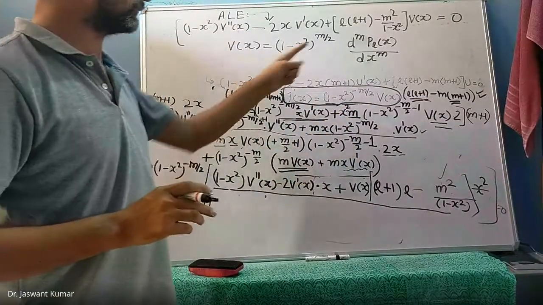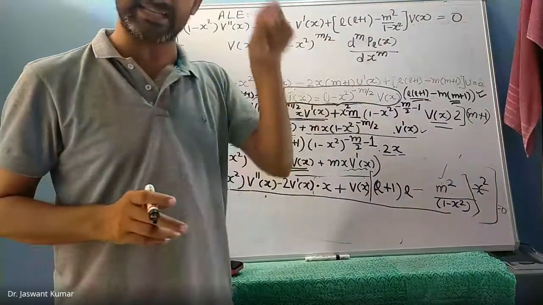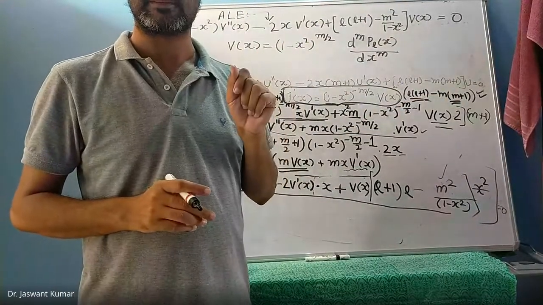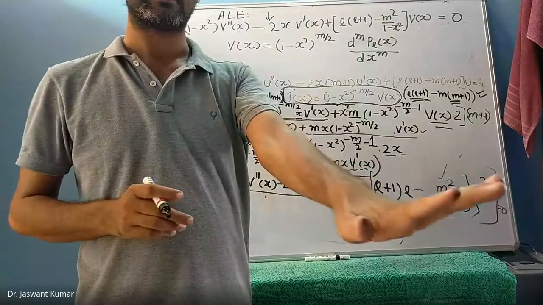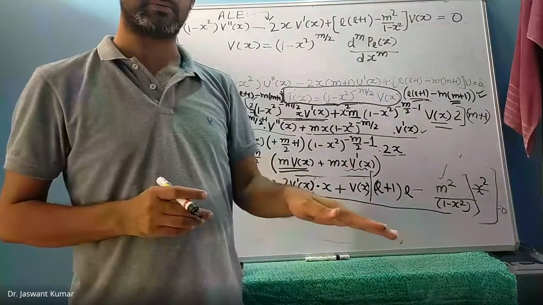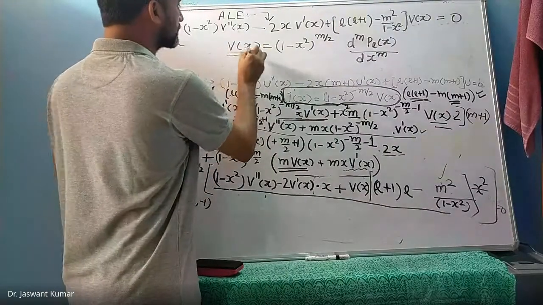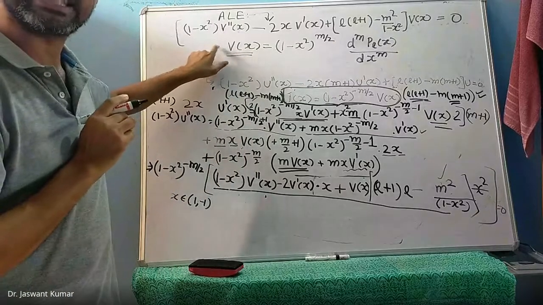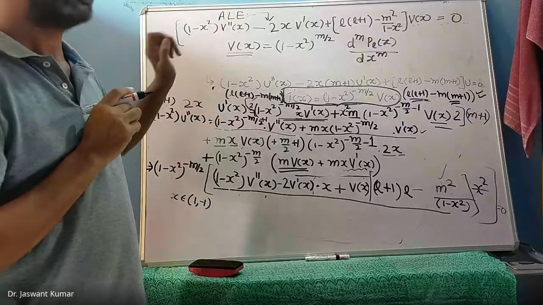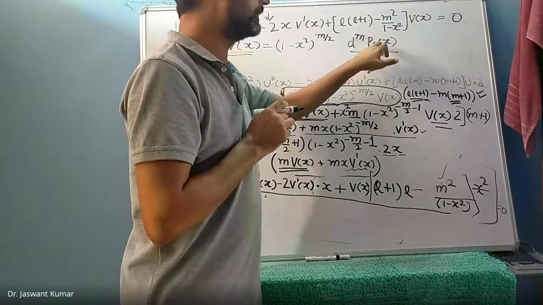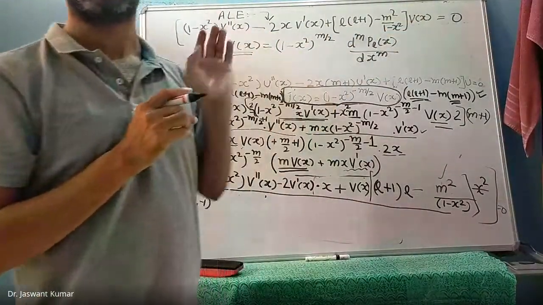And what is P_L of x? P_L of x we know is the solution of the Legendre equation. Yes or no? So that means now we have obtained the solution of the associated Legendre equation in terms of the solution of the Legendre equation.